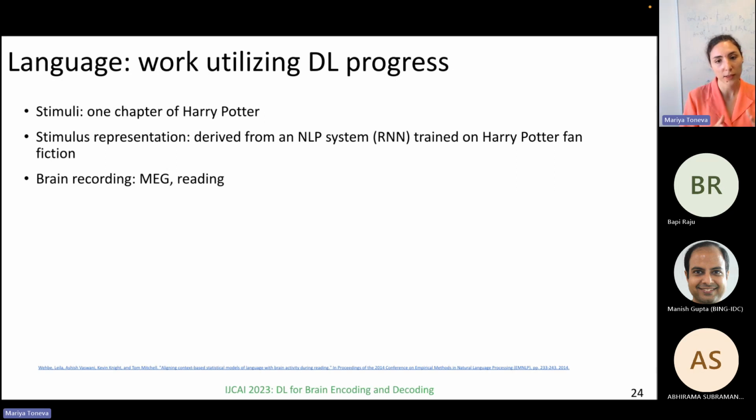The first work I wanted to mention dates back quite early. This is 2014, a work at EMNLP from Leila Wehbe and colleagues, and the authors presented a chapter of Harry Potter to a person in an MEG device.